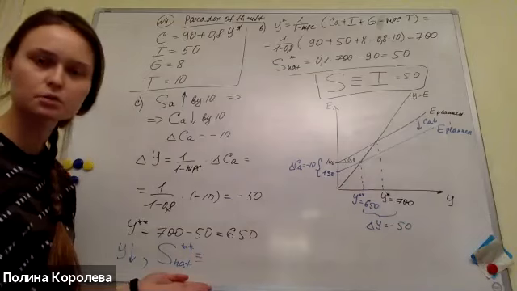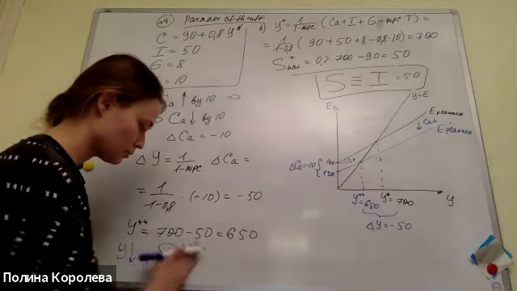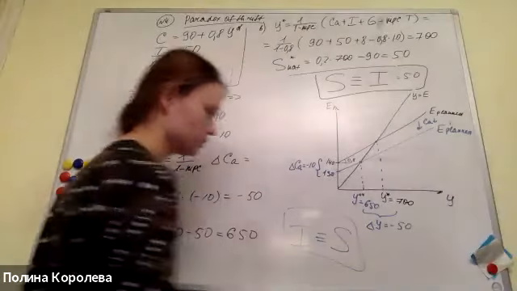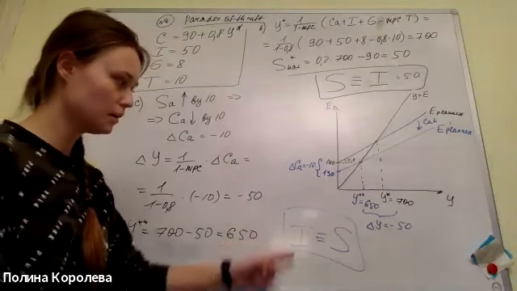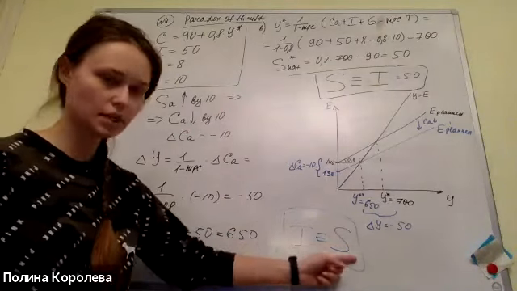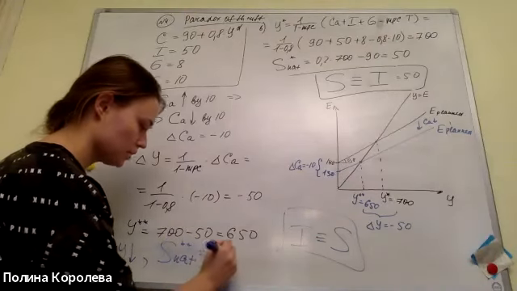Always equal to investments. Investments are always equal to savings of all economic agents. Here we do not have foreign sector, that's why investments equal national savings. So national savings do not change. They're equal to 50.